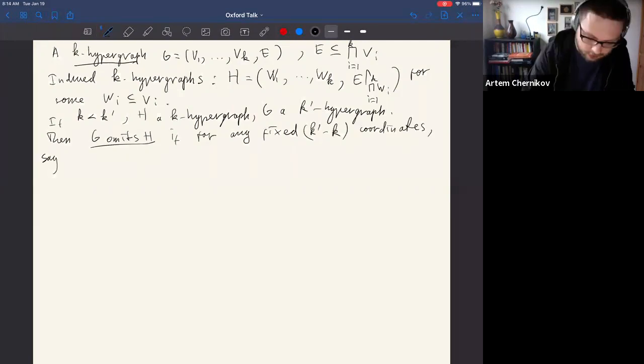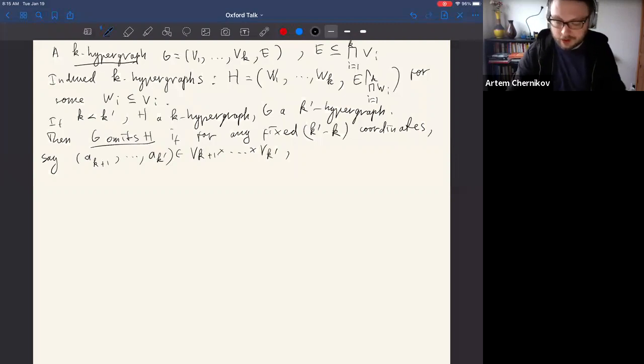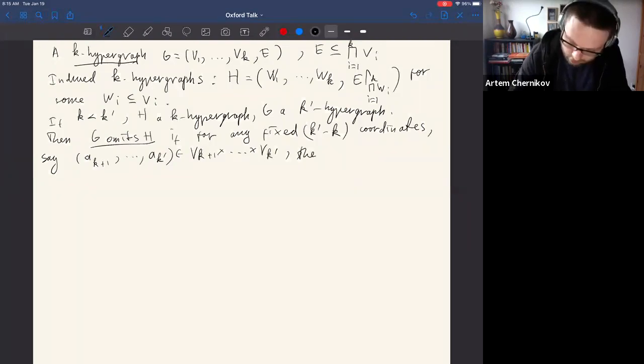So for example, we fix the last coordinates, so we have a_{k+1} through a_{k prime} in the corresponding product V_{k+1} times etc. times V_{k prime}. So if we fix all but k coordinates, we can consider the corresponding k-hypergraph induced on the remaining coordinates.